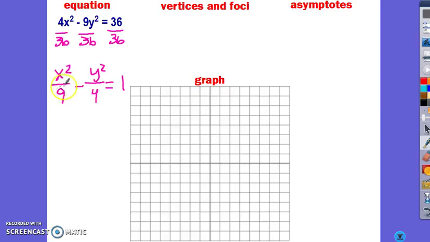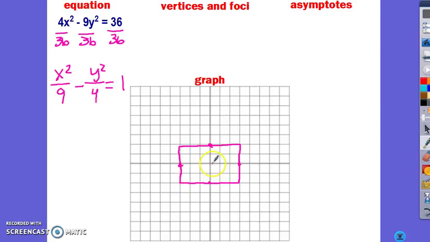So let's start out. So we've got a vertex number of, looks like 3. So we're going to go to 3 and negative 3. And for the up and down, we're going to go to 2 and negative 2. Now instead of making an ellipse like we did before, that's just the way that we're going to figure out where that little imaginary box goes.